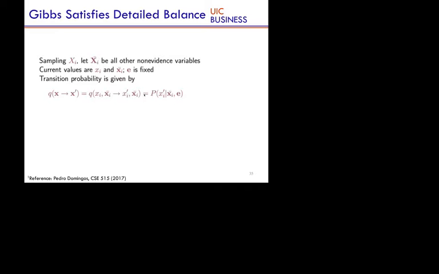Now, the transition probability is given by this equation, which is the probability of being in this state and going to some state x prime. We are sampling the next state x prime, and we have just written it as this. Actually, this is the conditional distribution.